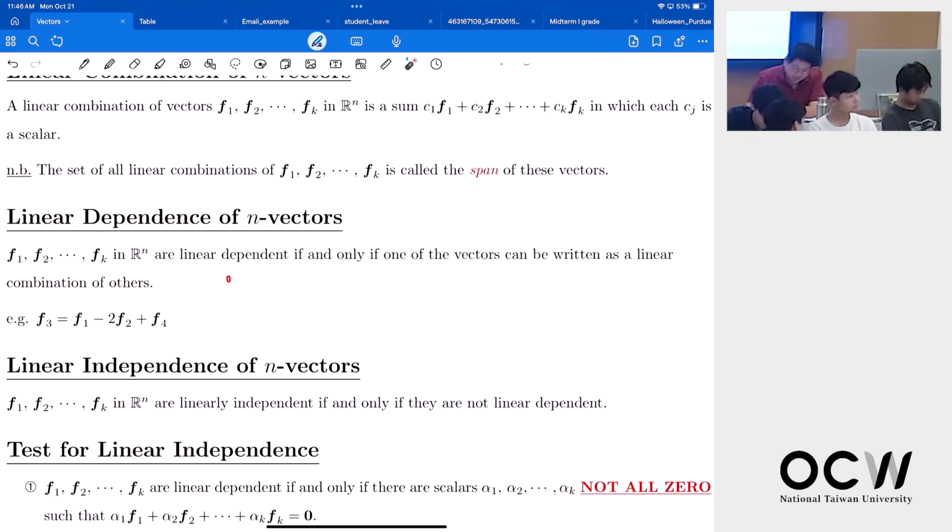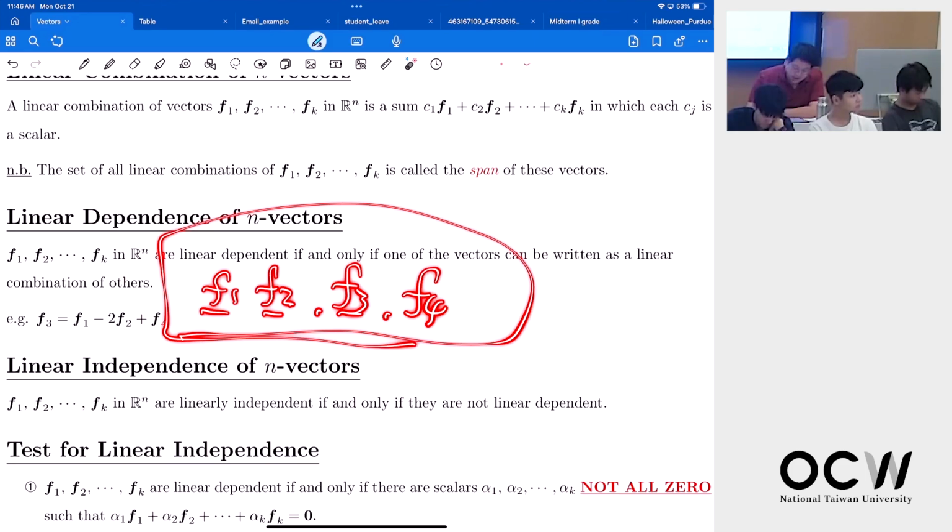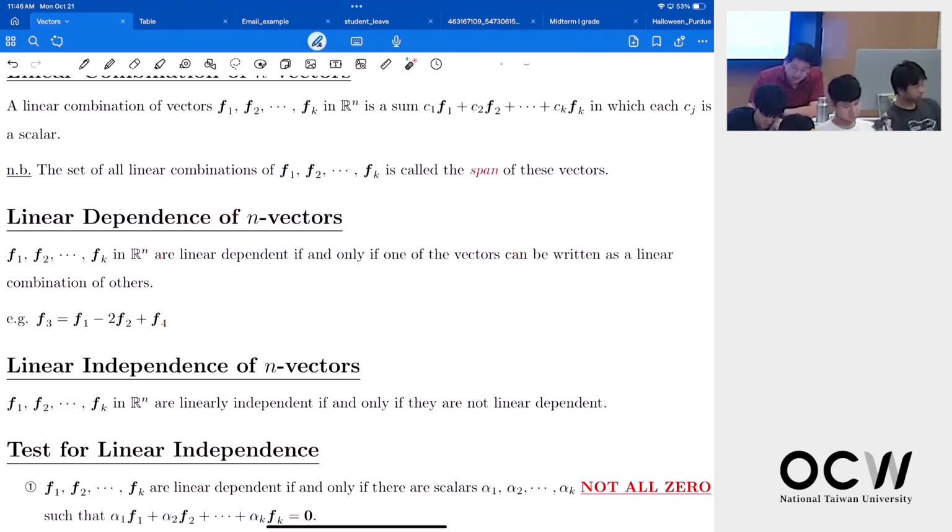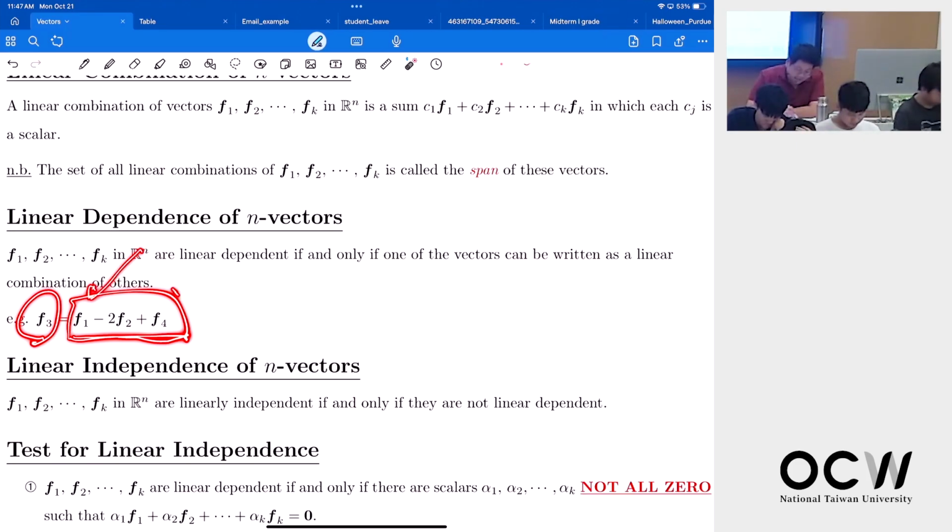For example, I have f1, f2, f3, f4. If we say these four vectors are linearly dependent, that means one of the vectors can be expressed by the other three vectors. If I cannot find that, they will be called linearly independent.